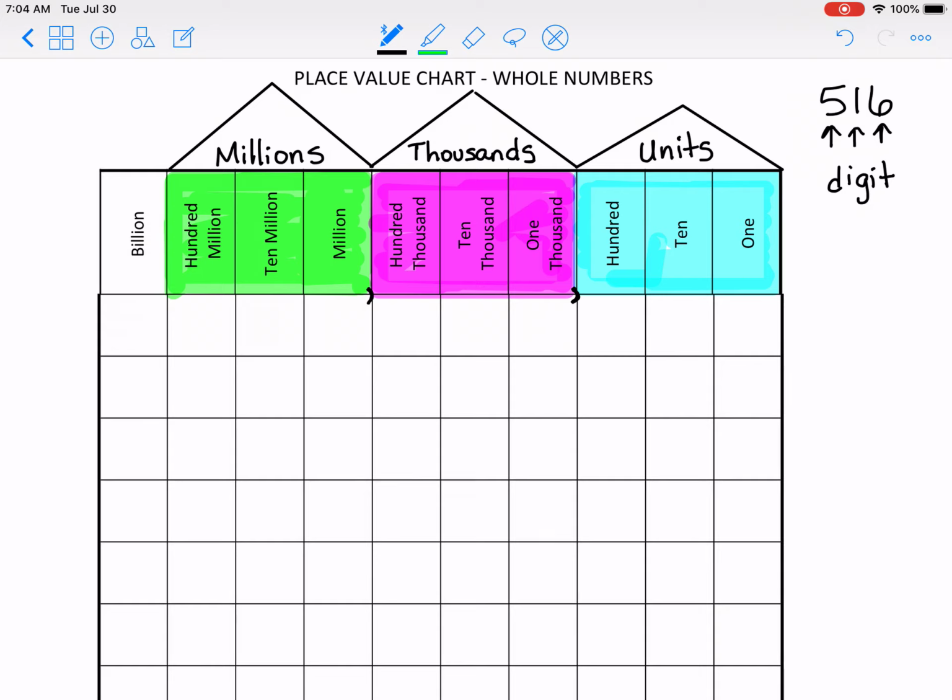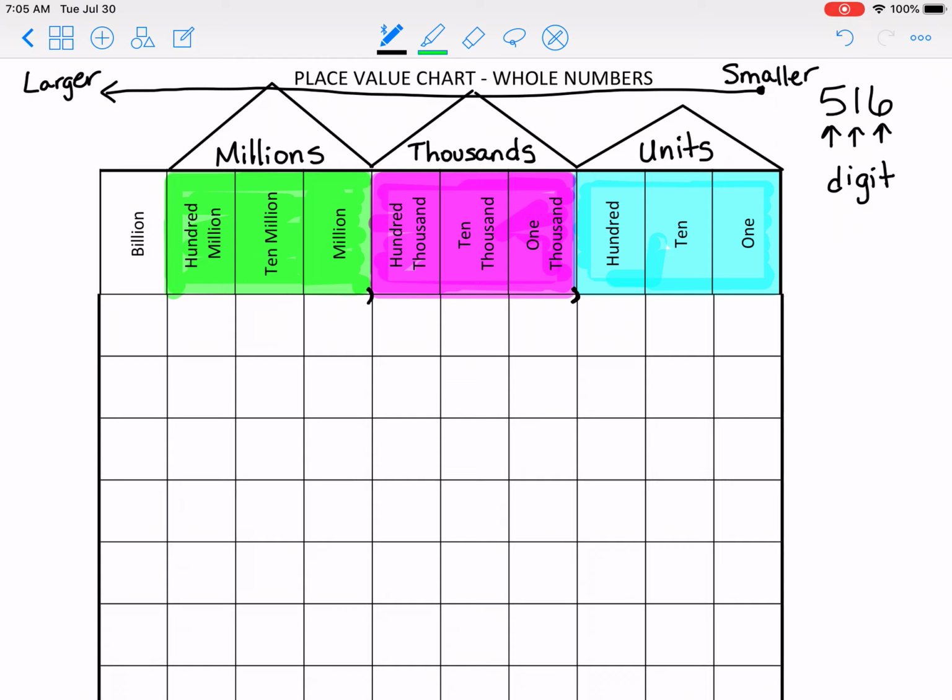Now, as we're moving through the place value chart, from the right to the left, we are going from a smaller value to a larger value.